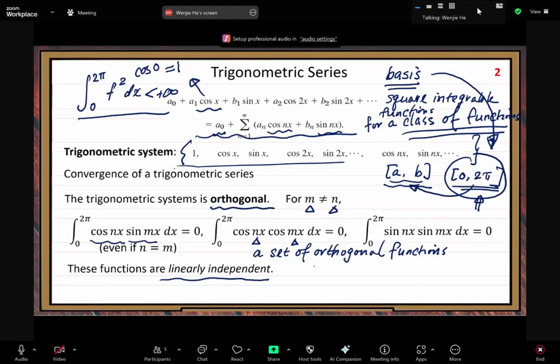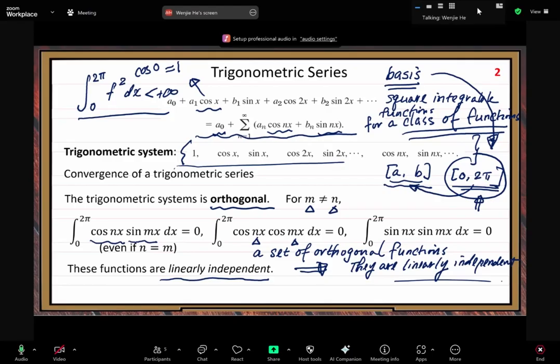So imagine a set implies all the functions in the set are linearly independent. This property, because the orthogonal property is much stronger than the linearly independent property.